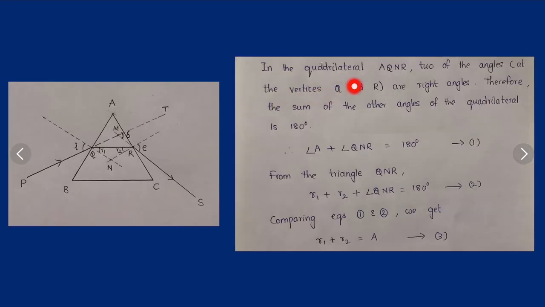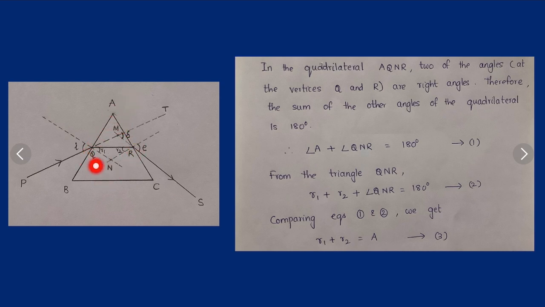Now let us take the quadrilateral AQNR. Here we have drawn normals, that is QN is perpendicular to AB and NR is perpendicular to AC. That means angle AQN is 90 degrees and angle ARN is also 90 degrees.